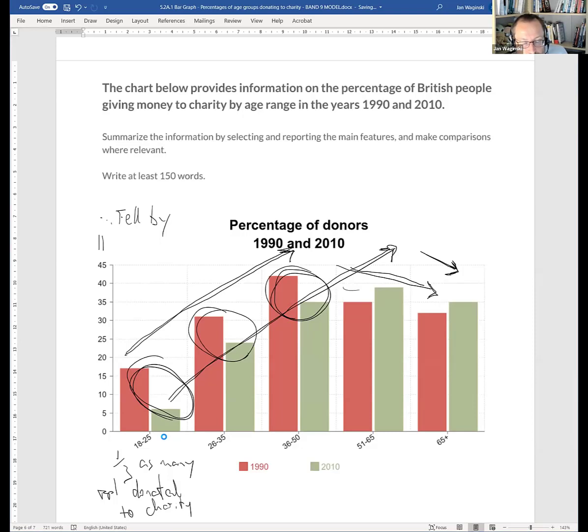Is it 11% or 11 percentage points? 11 percentage points. Don't say percent because it's wrong. Percent is wrong.